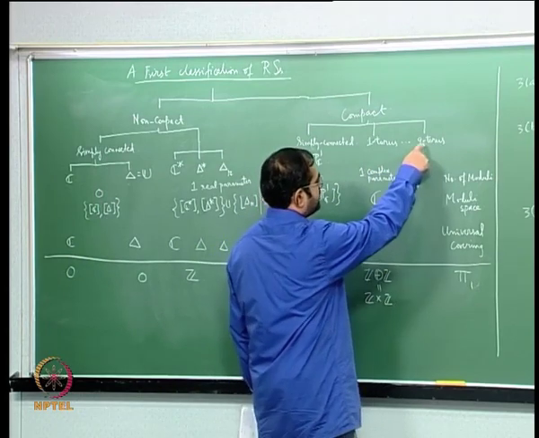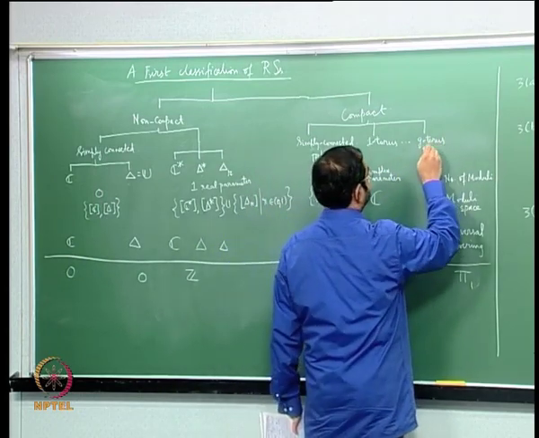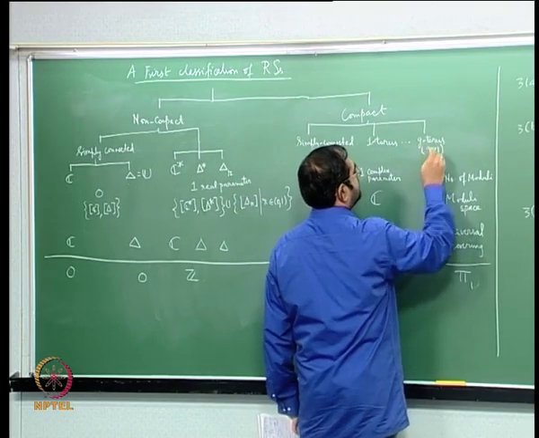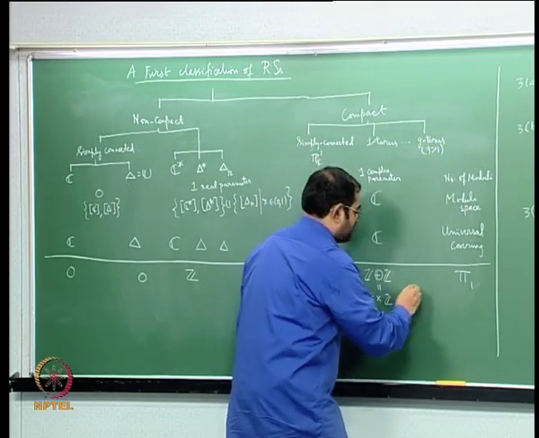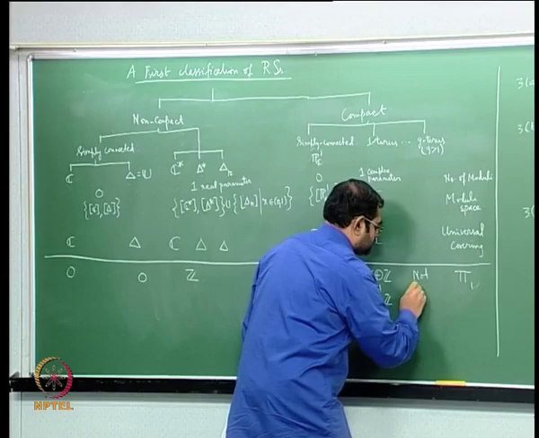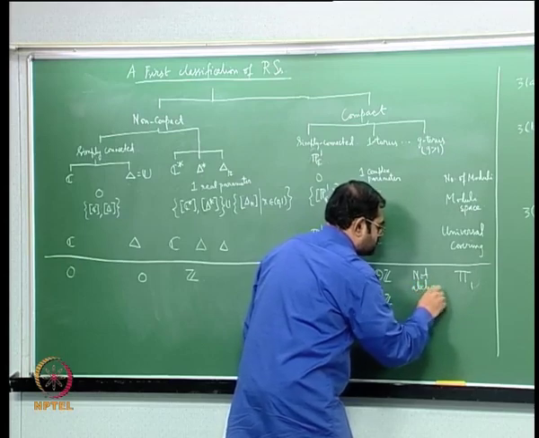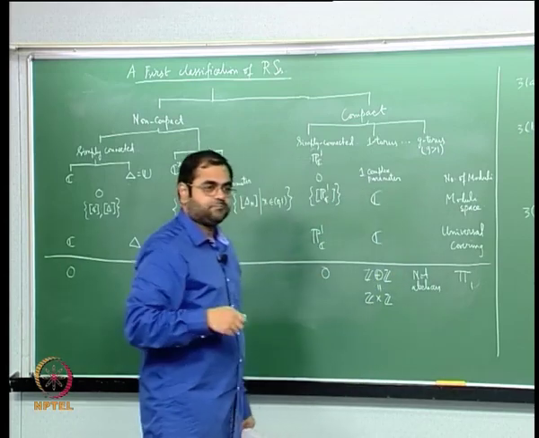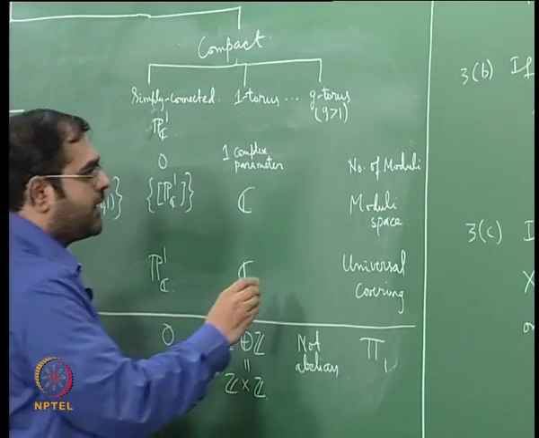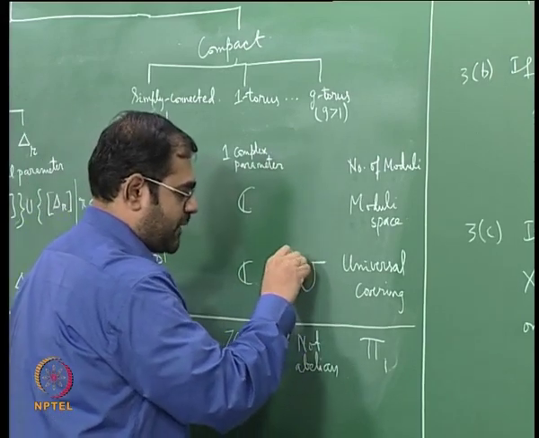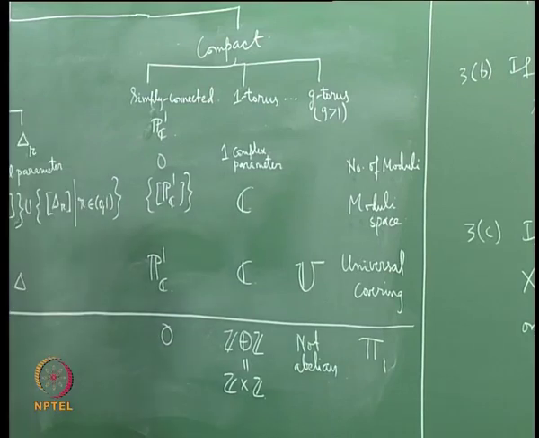I have told you that if you go to a g torus, g greater than 1, I told you the fundamental group is not abelian, okay, and in this case the universal covering space is the upper half plane, okay.